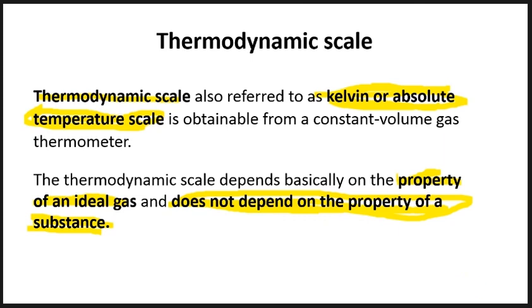If we consider the pressure of the rare gas to be decreased when the temperature is 100 degrees Celsius, then we can explain this concept of the thermodynamic scale using a graph.